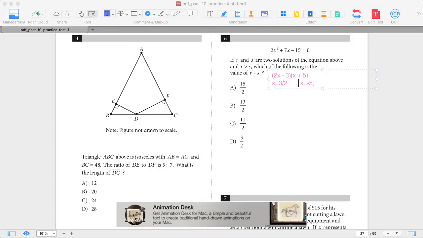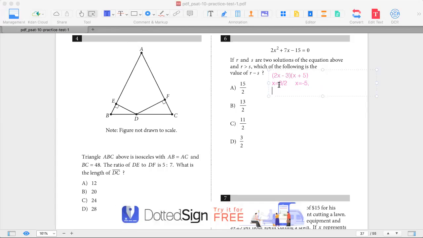They said that r is greater than s. So I have here 3 over 2, a positive number, and a negative number. So r is equal to 3 over 2 and s is equal to negative 5.